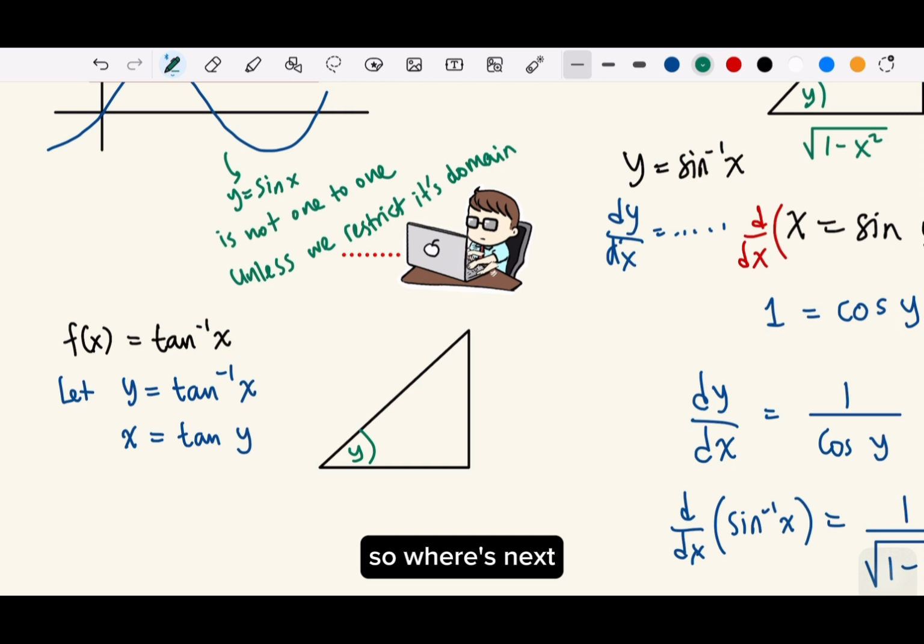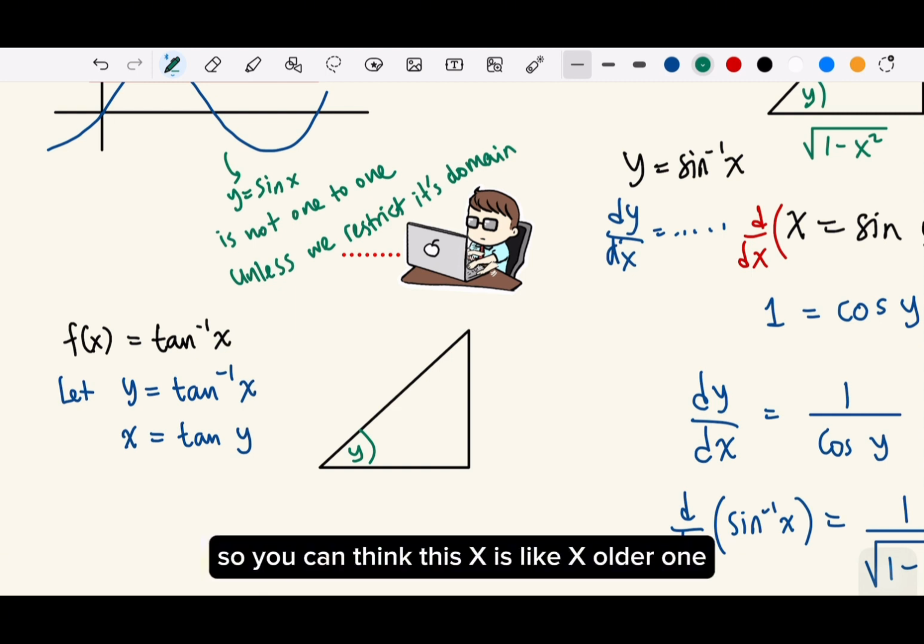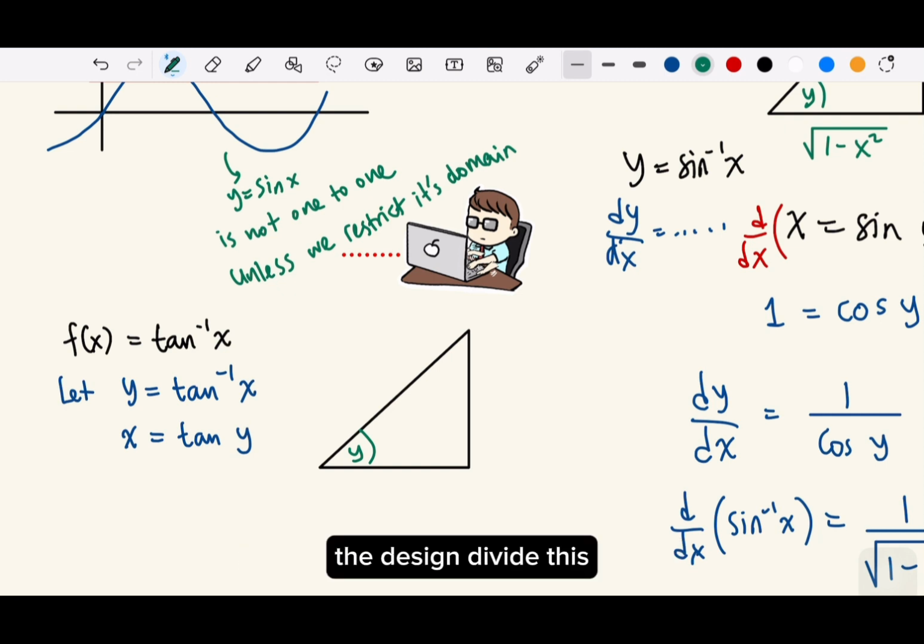So where's x? You could think of x as x over 1. So what is the tangent supposed to be? The opposite side divided by this. Correct, right? So we can say that this is x, this is 1. So what will this be? Square root of 1 plus x squared.